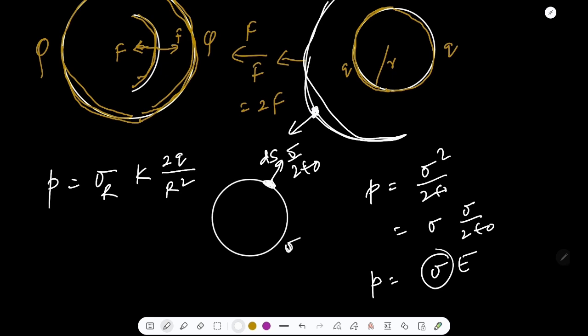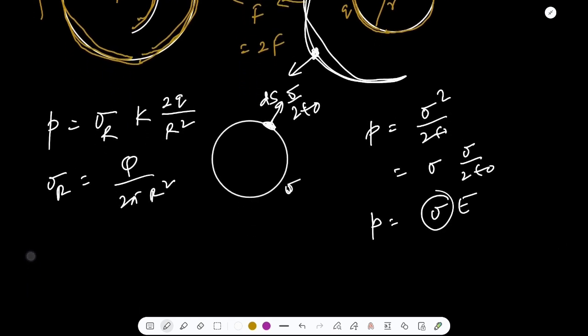And since pressure at any point can be written as the charge density of the surface, that is sigma, multiplied by the electric field produced, I have already written it, so I'm not going to write it again. And sigma here in this case is Q by 2 pi R squared, because it's a hemisphere, so its surface area will be 2 pi R squared.